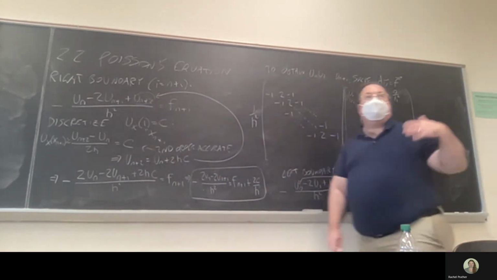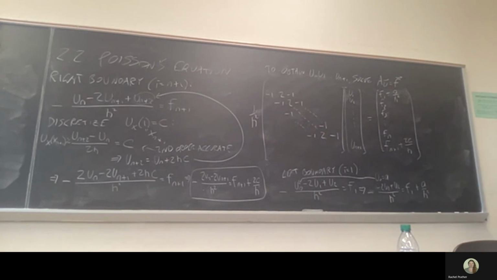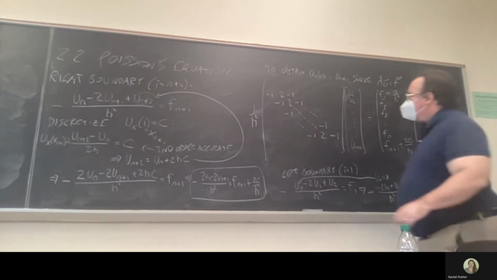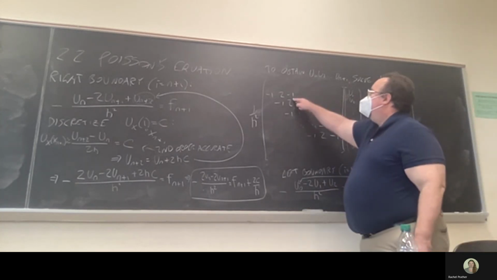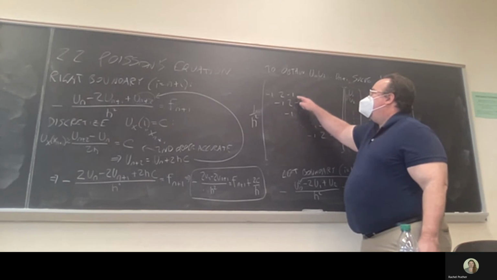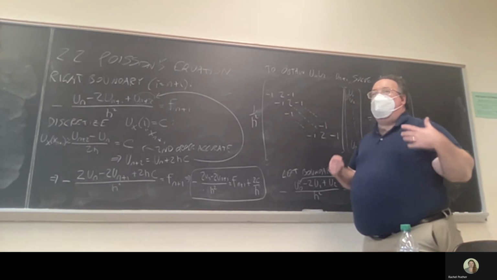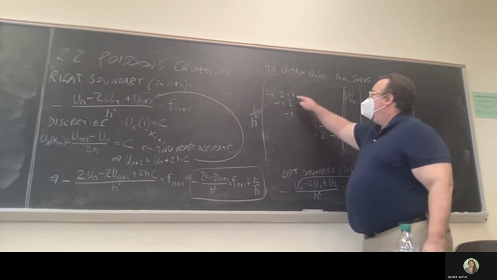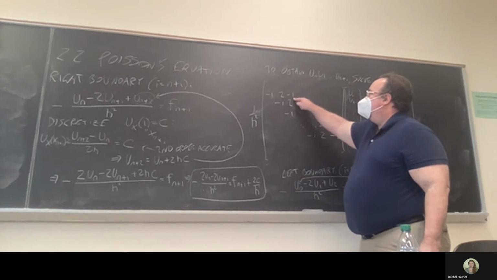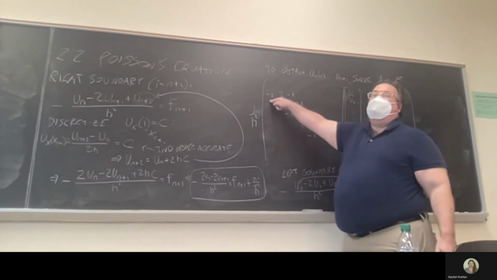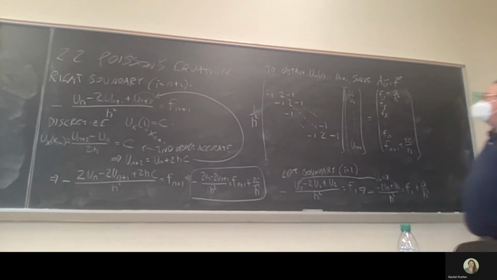The index of the equation itself, the row index. So that's how we fill in the rows and columns of this matrix. Because in equation i, we have a minus u_{i+1}. That's why we have this in column i plus 1, and also column i minus 1. It's the same.